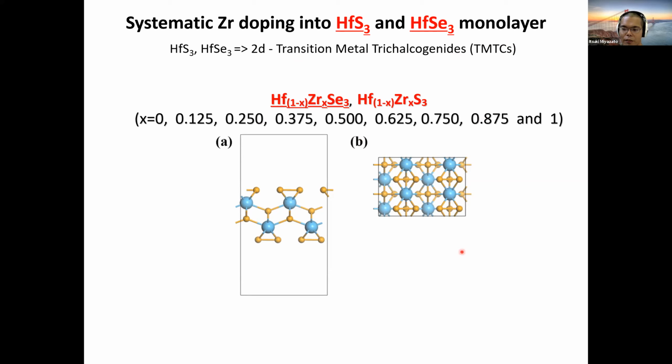By evaluating property changes, nine different zirconium concentrations, from this formula, are considered in HfS3 and HfSe3. All evaluations are performed by first principles calculation.